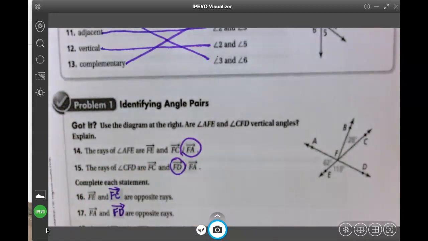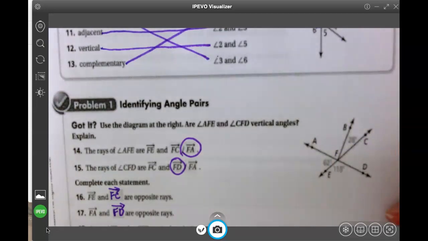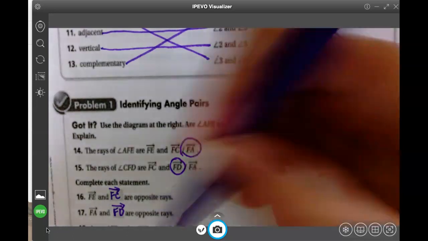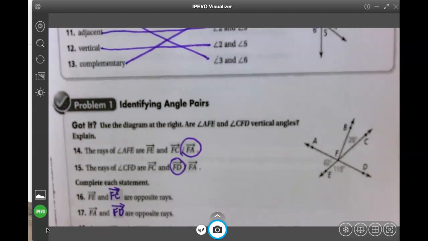Are angle AFE and angle CFD vertical angles? All right, so let's look at them. AFE and CFD. Do those two angles share any other thing other than a vertex? I don't even have to look at the figure. Look at the letters. The middle letter is the vertex, right, in naming an angle. Do you see where both of them have the letter F? So they share a common vertex.